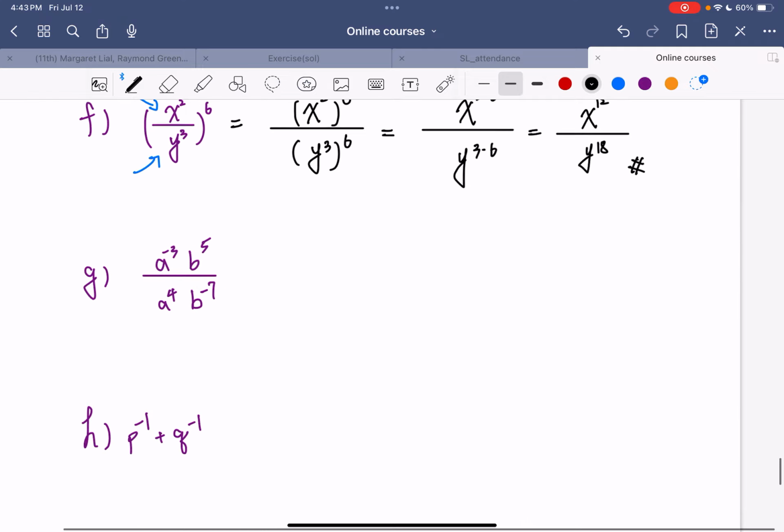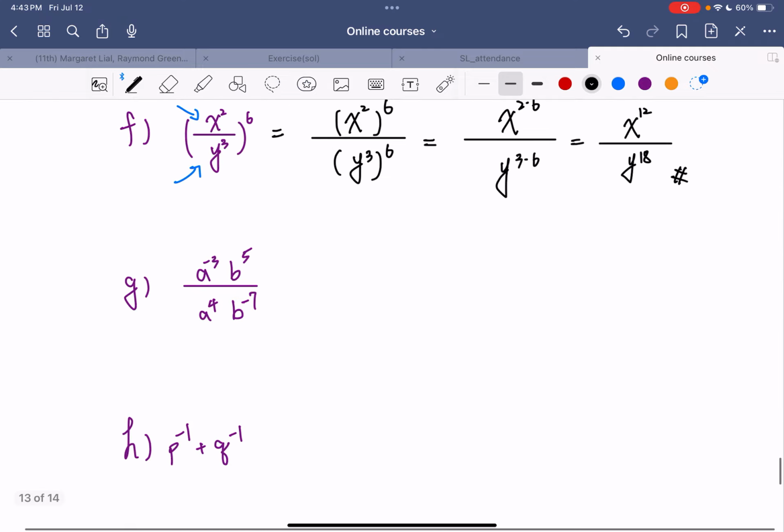And then we got this. This one is a little bit harder if you look at it at first glance, but the way we do it, we cut it in half in the middle. So we're going to write it this way.